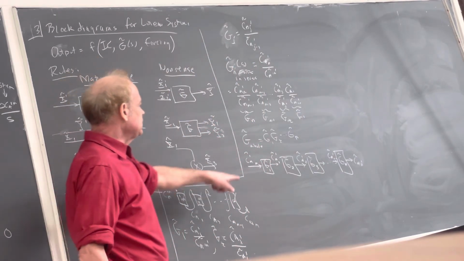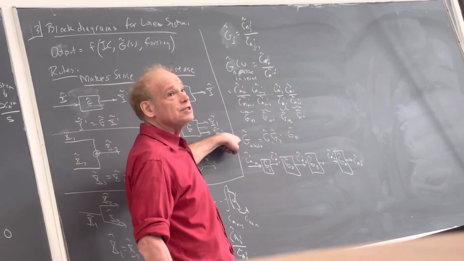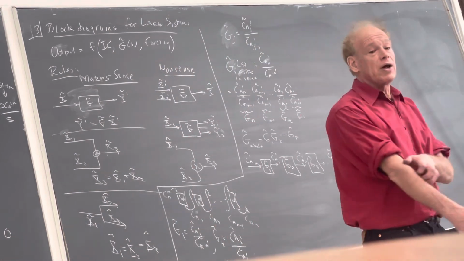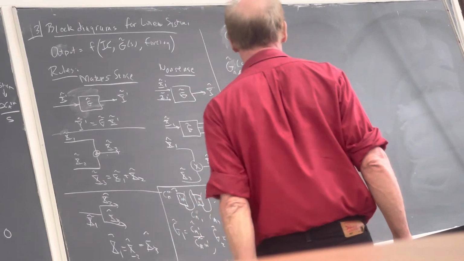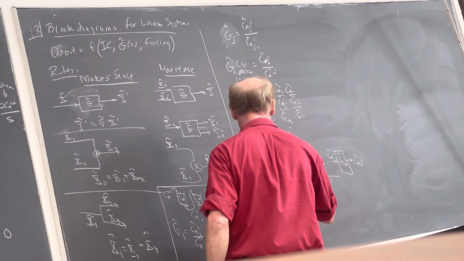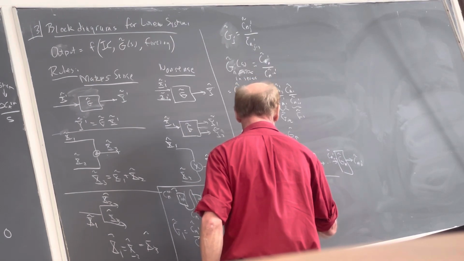So this block diagram corresponds to the N CSTRs in series, and I extract this from it. So why don't we do a couple more examples on that? Let's look at another example. Let's look at G1 tilde, G2 tilde.